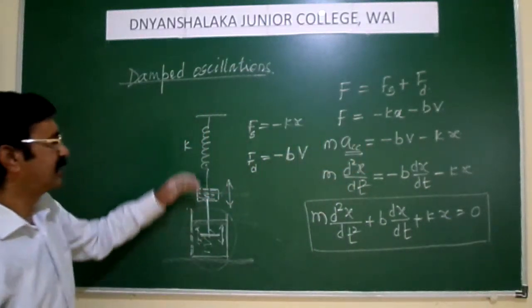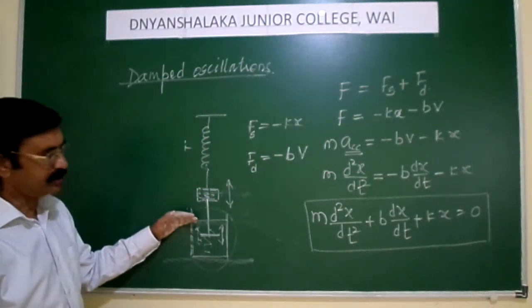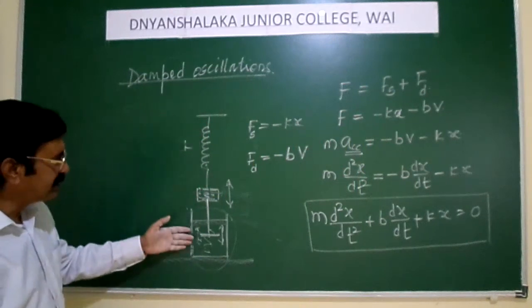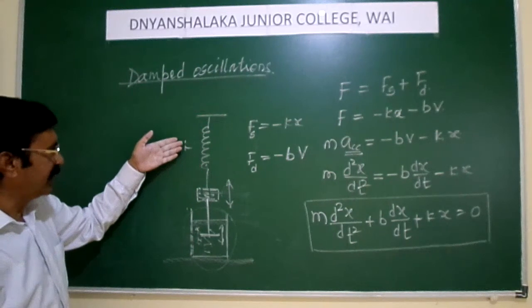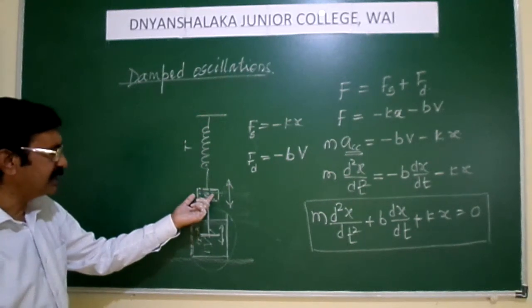So in this system we have a spring of certain spring constant k. Here is the mass attached to it.